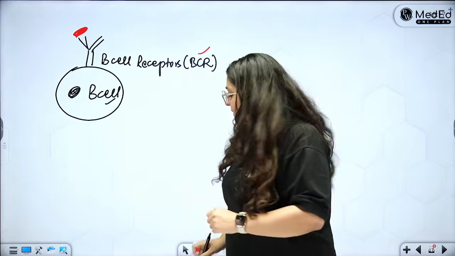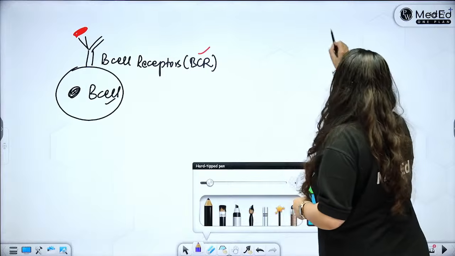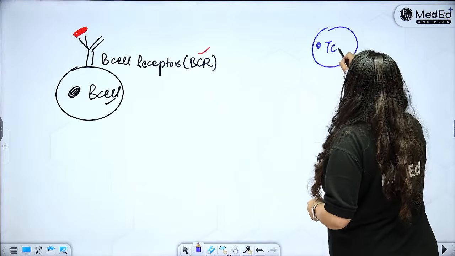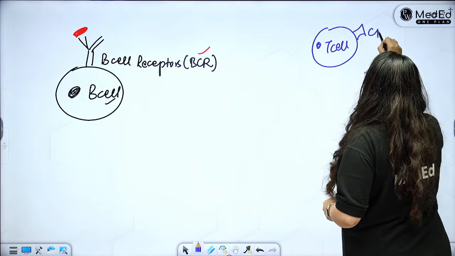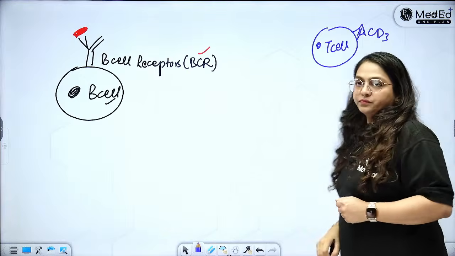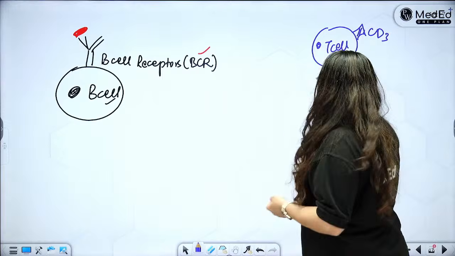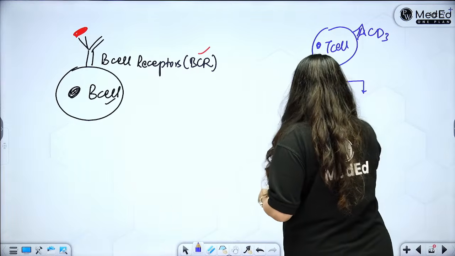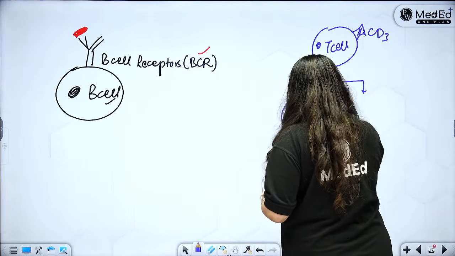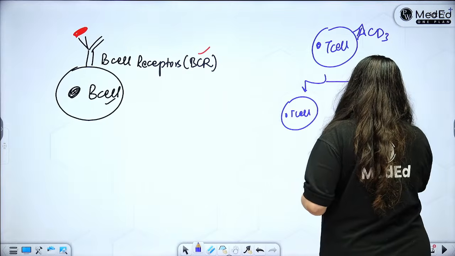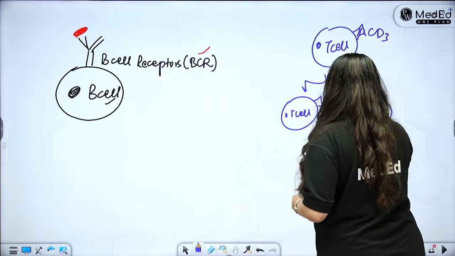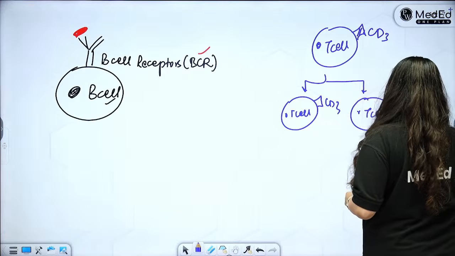Okay? Similarly, you have the T cells. A T cell is a T cell because it has the CD3 receptor on top of it. When this T cell matures, it can become of two types. So both of them are definitely going to have a CD3, no doubt there.